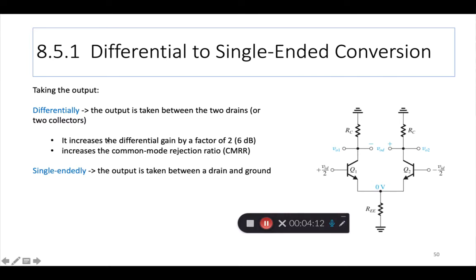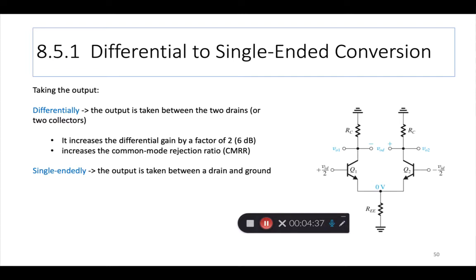On this slide, here I'm showing you a BJT differential amplifier. The ideas are the same for MOS and BJT. We learned that you can take the output differentially. That means the output is taken between the 2 drains, or the 2 collectors in this case if it's a BJT.